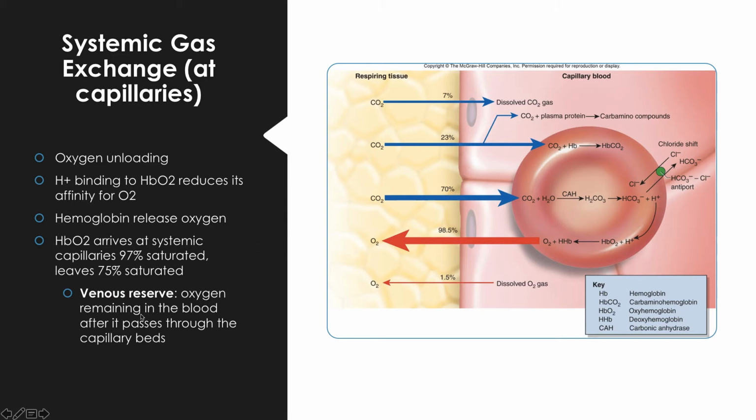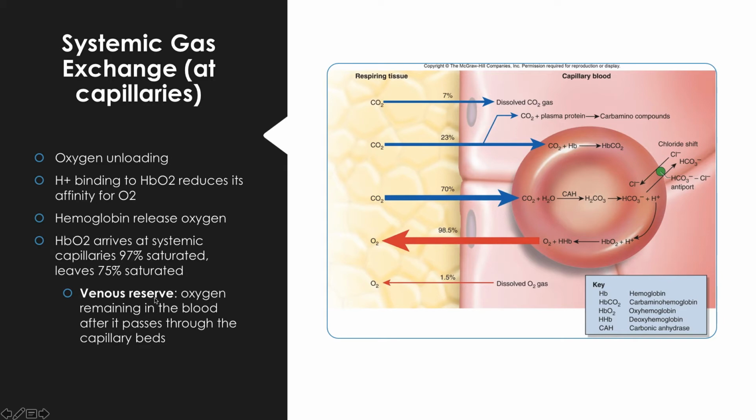Besides this, HbO2, oxyhemoglobin arrives at systemic capillaries 97% saturated and it leaves 75% saturated, which means that you are not 100% efficient at unloading oxygen, even though this reaction is very sophisticated and good at its job.